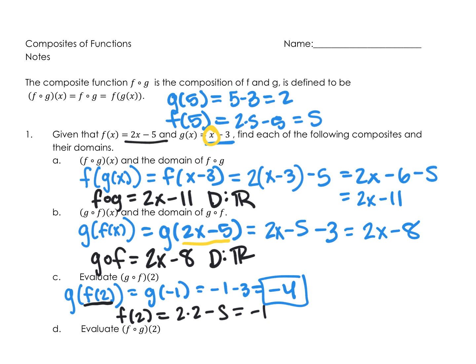All right, let's do one more. D. Rewrite it, what it means, f of g of 2. And you're going to start in the middle. So it's find g of 2 first.